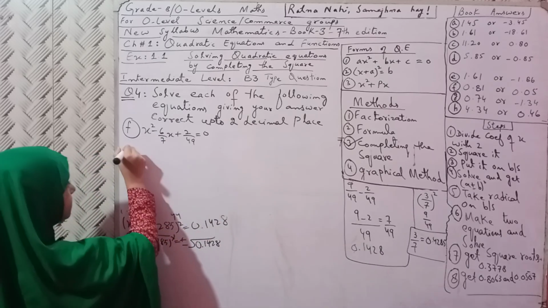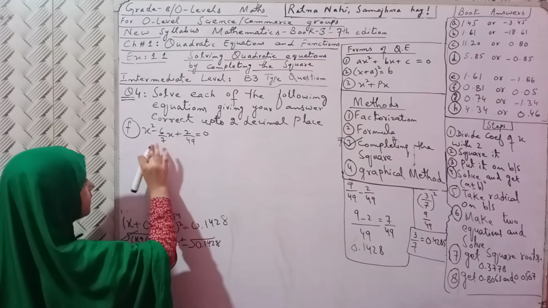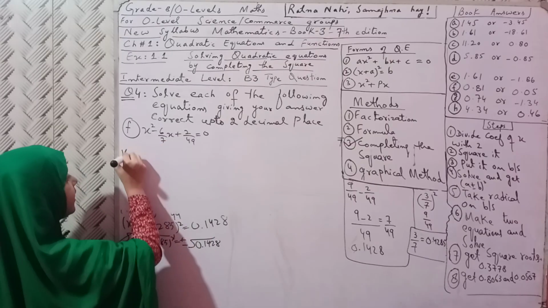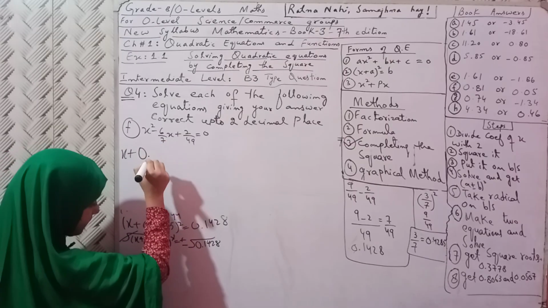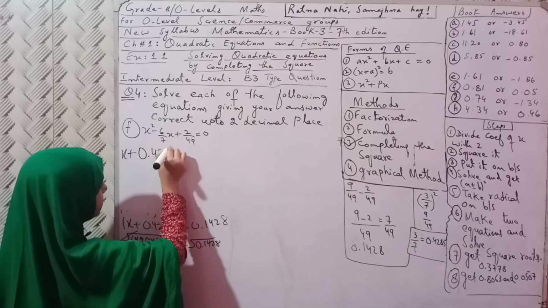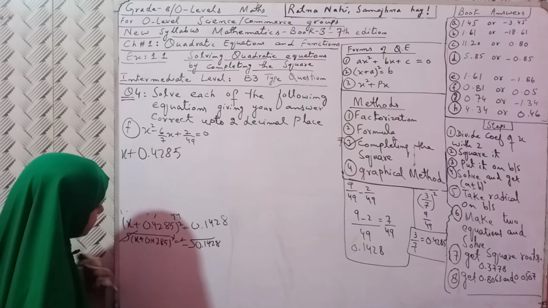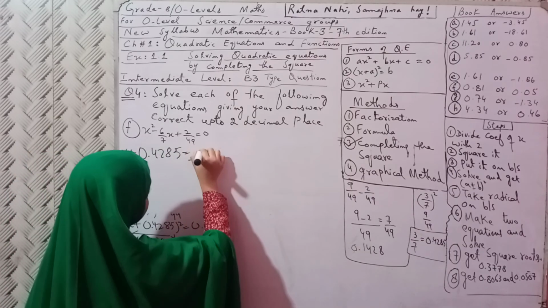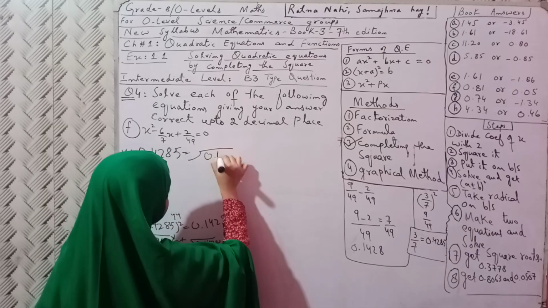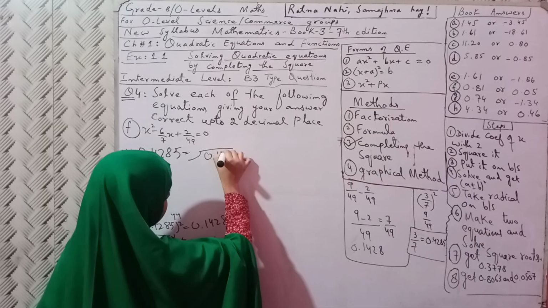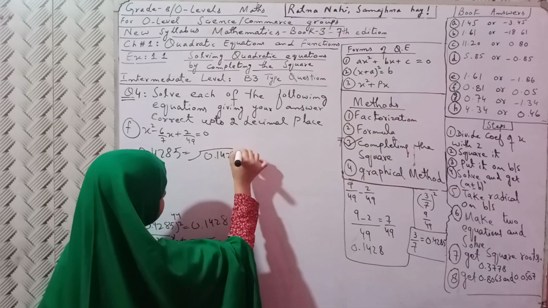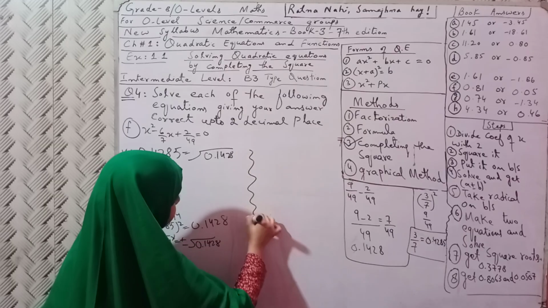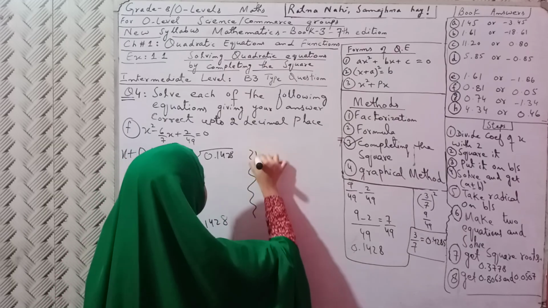So here will come, not this radical, x plus 0.4285 is equal to radical 0.1428.